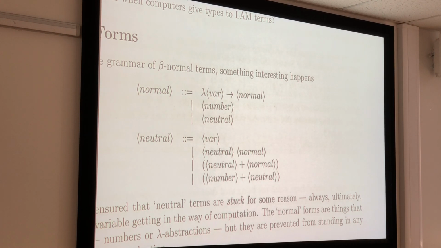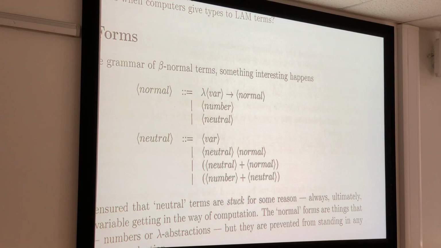You'll notice that lambda has ended up in the normals, and that application has ended up in the neutrals. And that's typical. In particular, the values have ended up on the normal side, and the things that compute with values have ended up on the neutral side. So neutral things are computations that have got stuck because you didn't get a value.